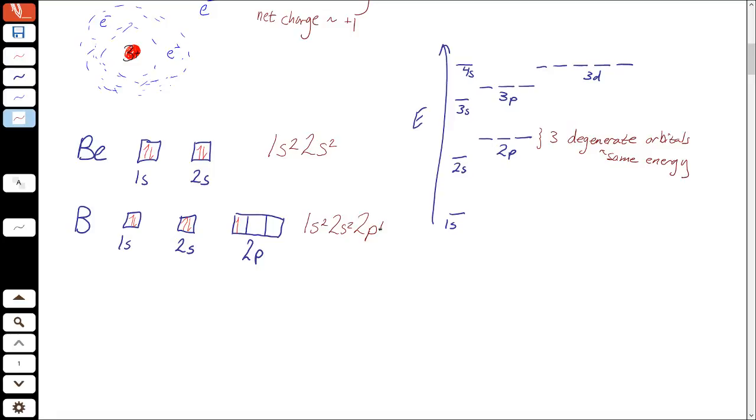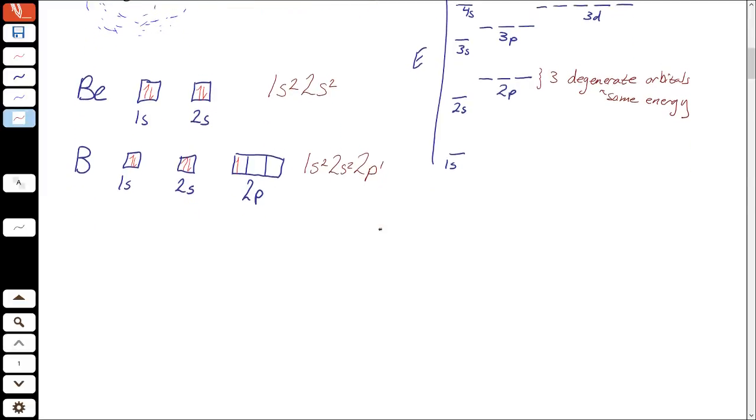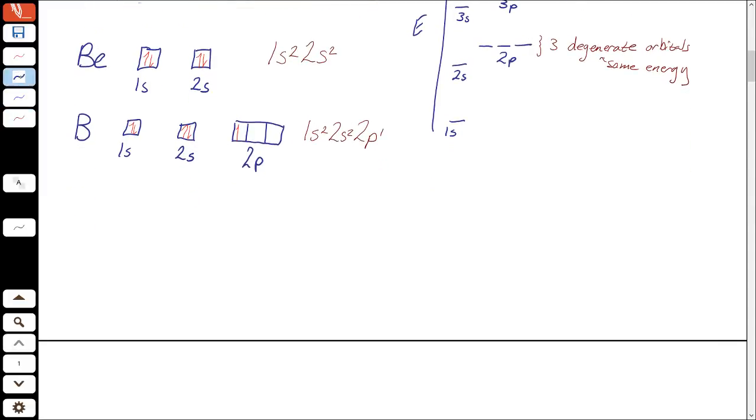So we can get 6 total. So this number is going to increase from 1 to 6 as we go through the rest of the elements. So let's do that. After boron, we'll kind of do them all together. We've got carbon, nitrogen, oxygen, fluorine, and neon, sorry.